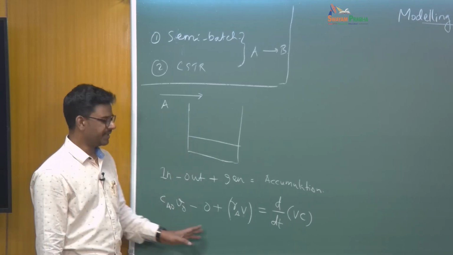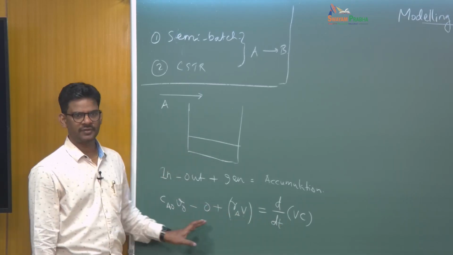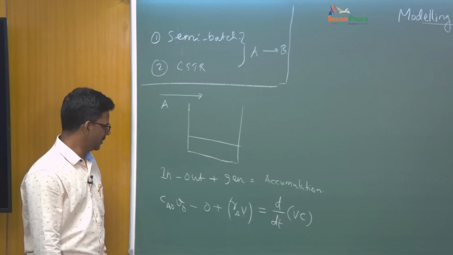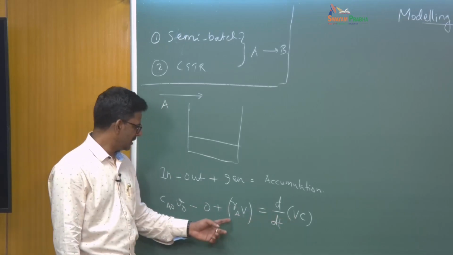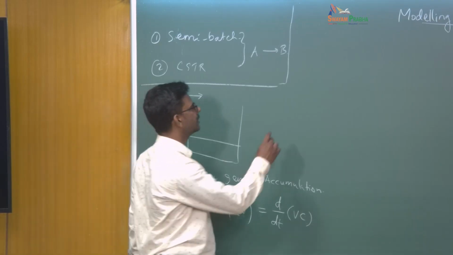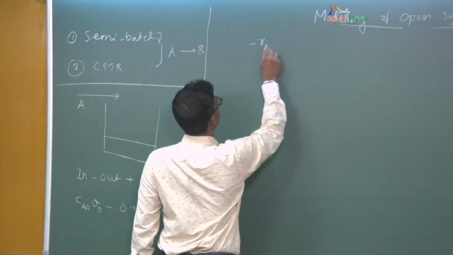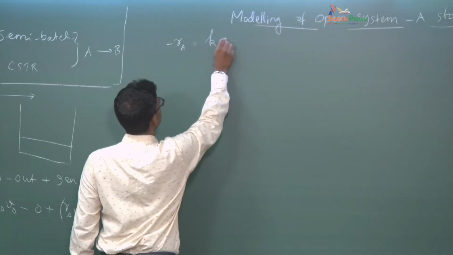So you would write this kind of a mass balance equation. Now it's all about how we write the V and Ra and so on. Here minus Ra is given as some K Ca.